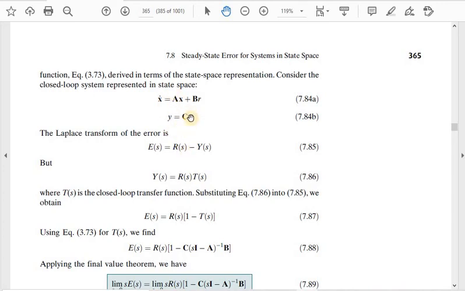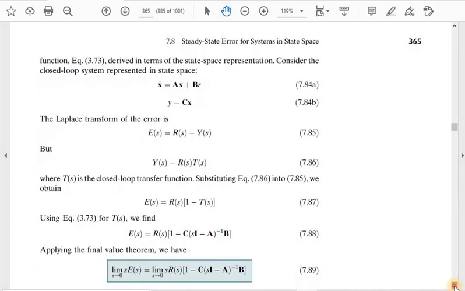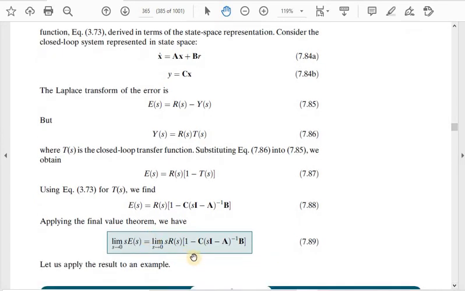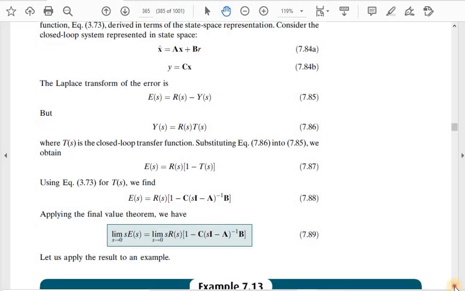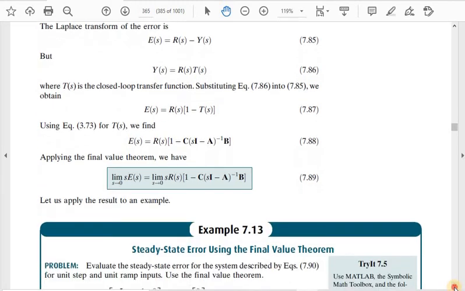So what we have to do is convert it into the frequency domain, and follow the same calculations. When we do that, we have this formulation for error. Okay, so this is the final value, and we can use this to solve our problem.